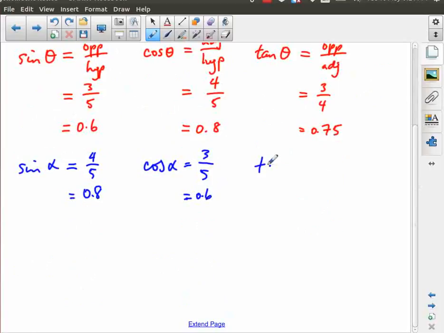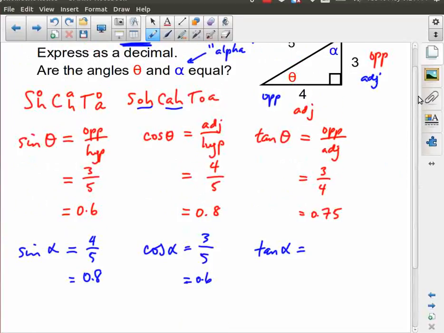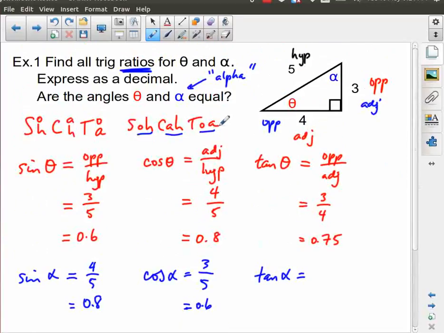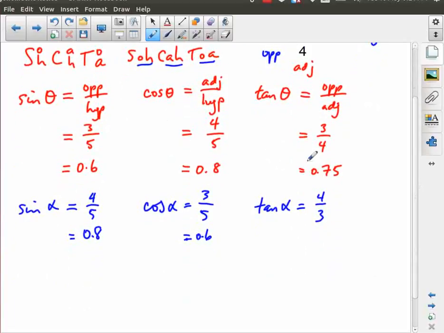And then the tangent of alpha, the definition of tangent is opposite over adjacent. So from alpha, from the blue angle here, opposite over adjacent, that's 4 over 3. And I really actually don't like writing this as a decimal. All of these other ones are non-repeating decimals. This one is approximately equal to 1.333.